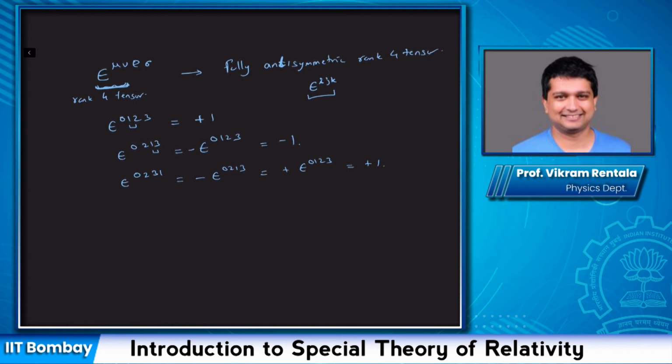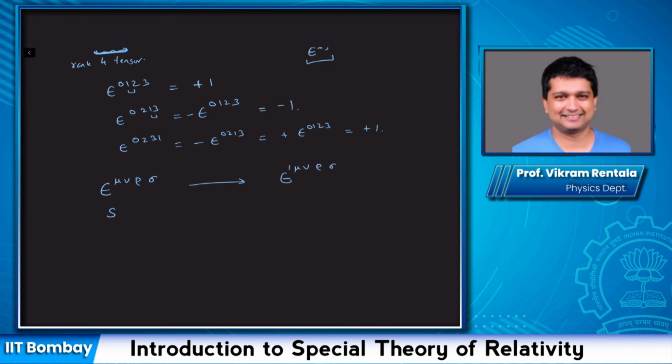Now the important thing about this tensor is that if I calculate the components in one reference frame, so frame S, and I know how to transform this into a new reference frame S prime, because this is a rank 4 tensor, I would have to use 4 lambda matrices to transform it into the Levi-Civita symbol in the frame S prime. And what I would find is in the frame S prime, the components of the tensor are unchanged.